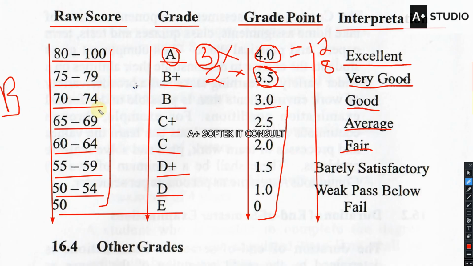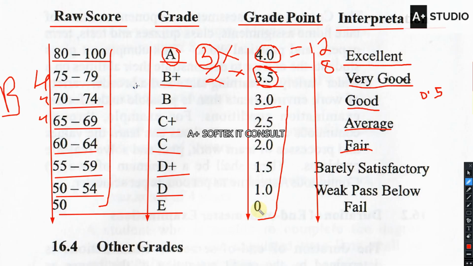You could tell the difference in the raw score, and the same applies to the grade point, which is 0.5. The difference is 0.5, as you can see: 4.0, 3.5, 3.0, 2.5, 2.0, 1.5, 1.0, and then 0.